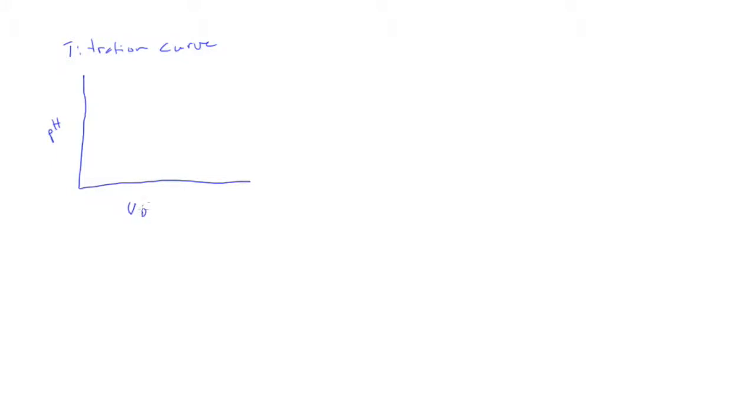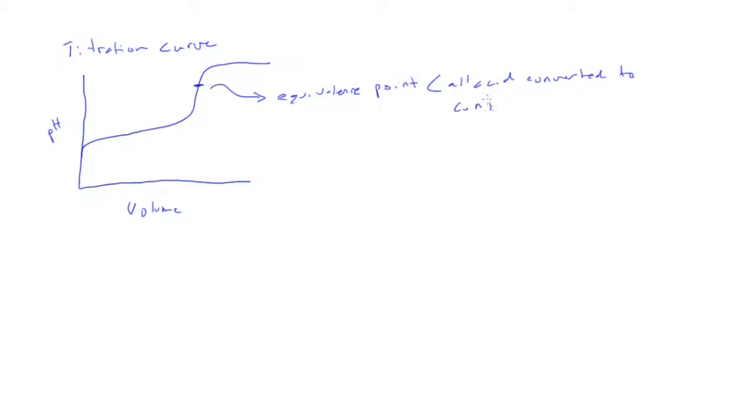Typically you get something that looks like this, where we have something right here, which we might say is the equivalence point. This is where, if you're titrating an acid, all the acid is converted to the conjugate base.